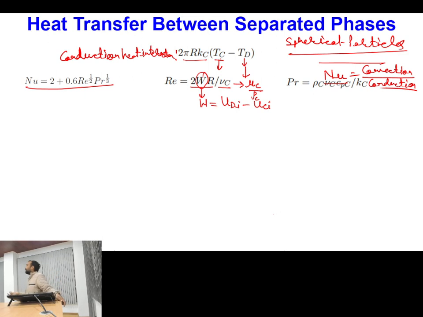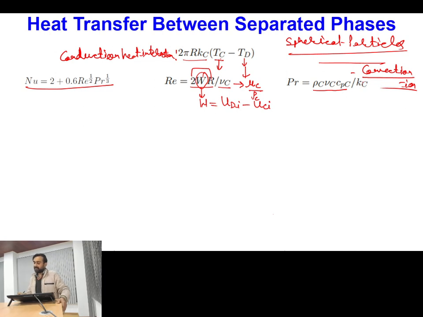So the Reynolds number is calculated based on the relative velocity. R is the radius, 2R is the diameter, so that is the length scale to calculate the Reynolds number. And what is the definition of Prandtl number? Rho nu_c into Cpc divided by Kc.